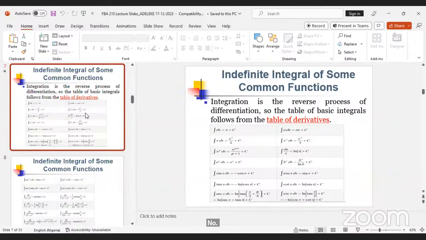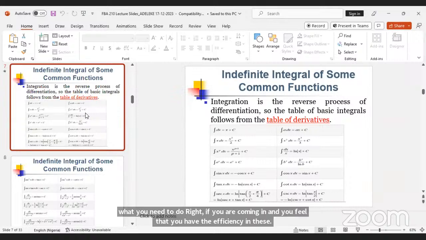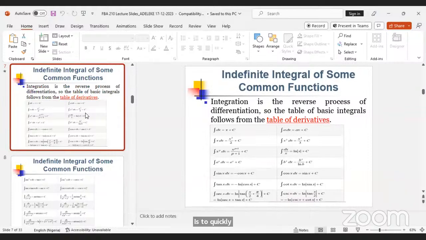So what you need to do, if you are coming in and you feel that you have deficiency in this, is to quickly pick up a calculus textbook and just brush up. I'm sure you will catch up. Okay. So otherwise, sorry, sir. Yes. Sir, is there a recommended textbook that we can use?